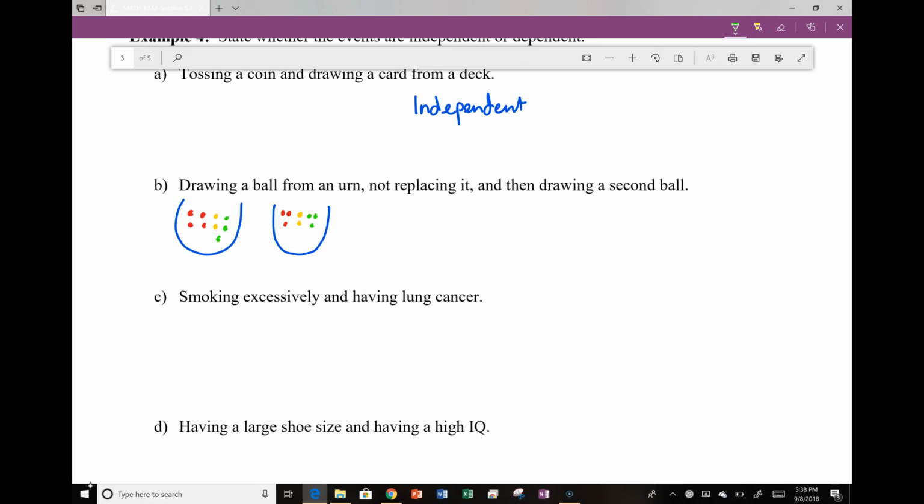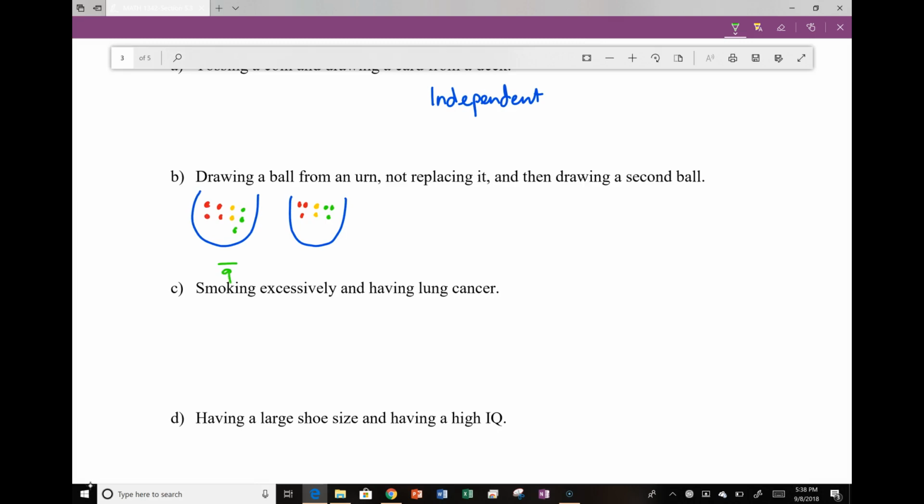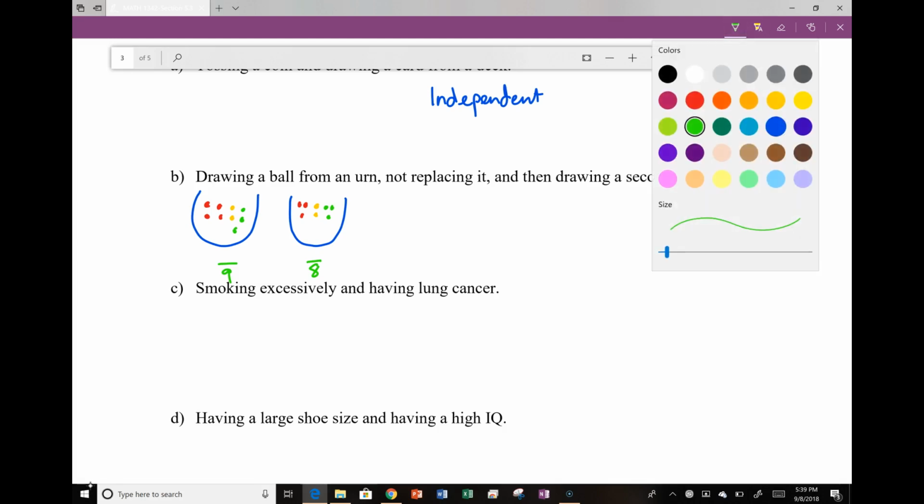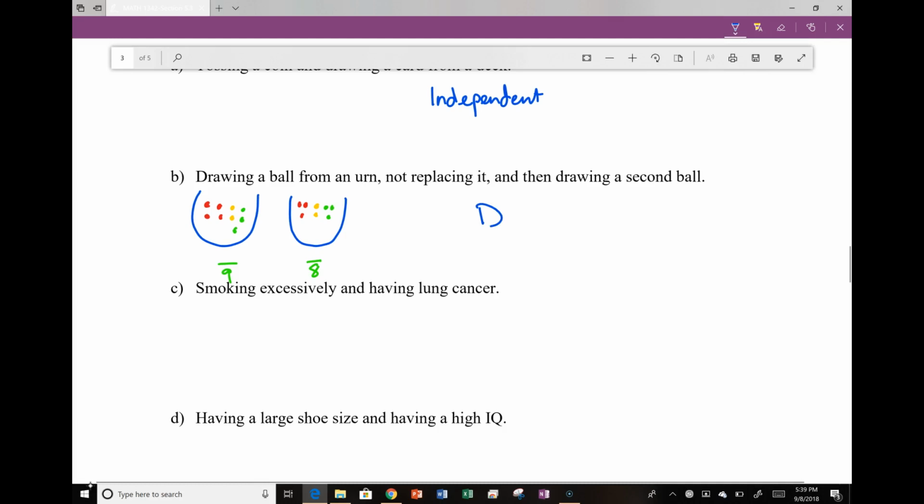Notice, in this particular case, I had a total of 9 balls to draw from. Now, I only have 8 balls to draw from. I don't have the same sample size. So in this particular case, these items are dependent because I did not replace it.